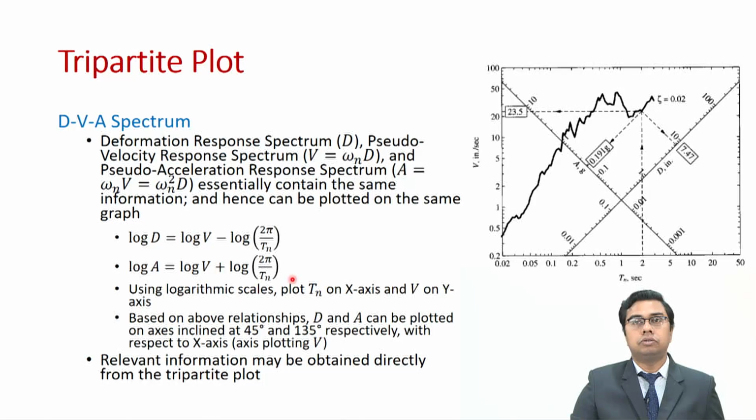Tn is the natural period, and omega n is the cyclic natural frequency. Omega n is equal to 2 pi by Tn.